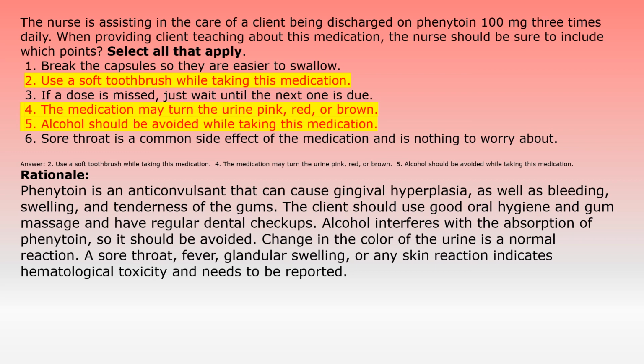The client should use good oral hygiene and gum massage and have regular dental checkups. Alcohol interferes with the absorption of phenytoin, so it should be avoided. Change in the color of the urine is a normal reaction. A sore throat, fever, glandular swelling, or any skin reaction indicates hematological toxicity and needs to be reported.